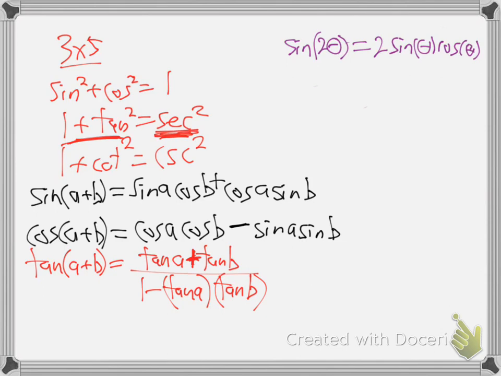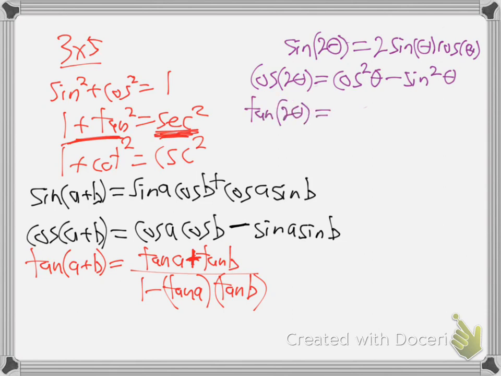And you want to have the cosine of 2 theta, which is cosine squared theta minus sine squared theta. And you want to have the tangent of 2 theta, which is 2 tangent theta over 1 minus tangent squared theta. The double angle formulas. Remember the double angle formulas?